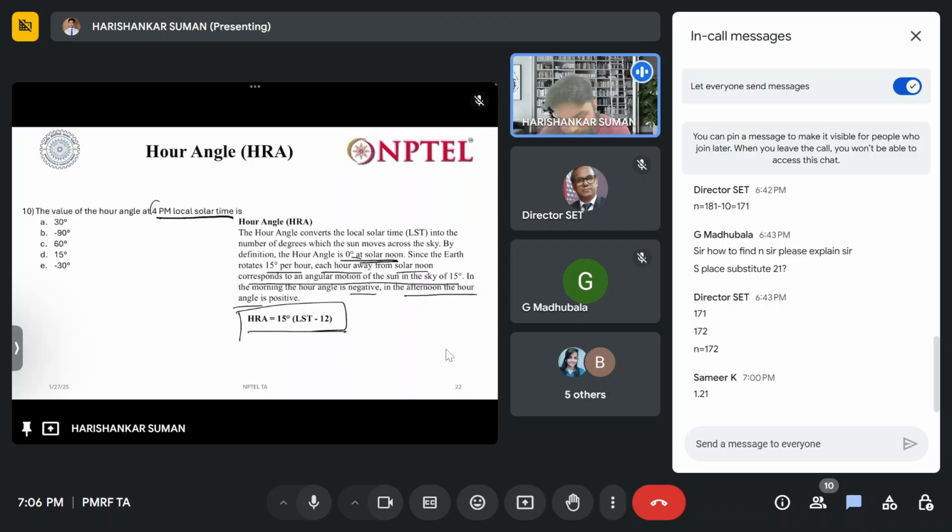So at 4 p.m., LST for 4 p.m., what is it?